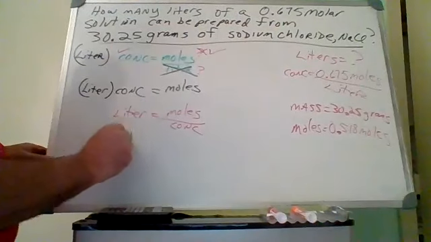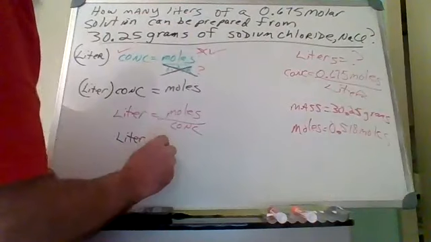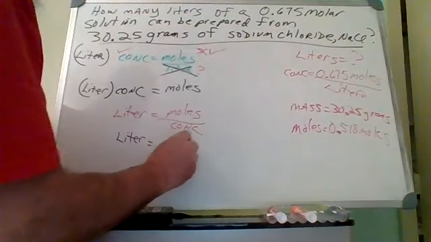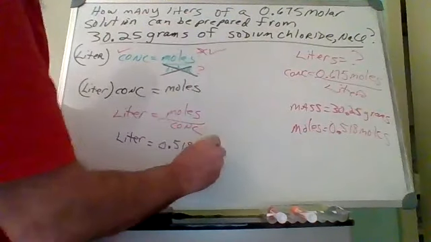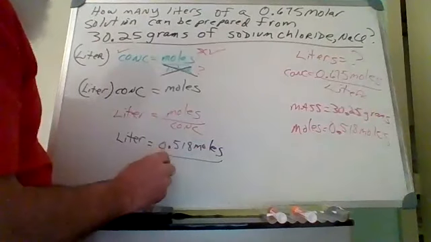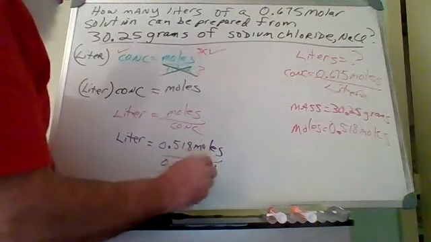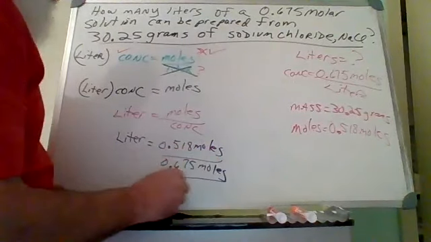So liters equals moles is 0.518, divided by the concentration, which is 0.675 moles per liter.